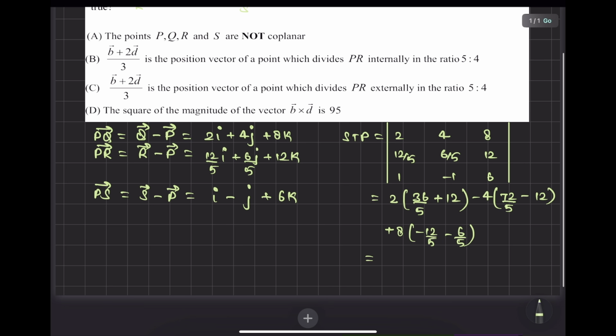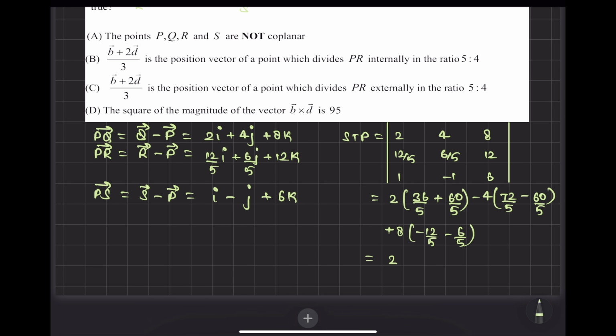Okay, let's do a little bit more simplification. So it is 60. I'll multiply and divide by 5, so it will become 60 by 5. So still it is 12, and here again 60 by 5. Now the calculation will become easy.